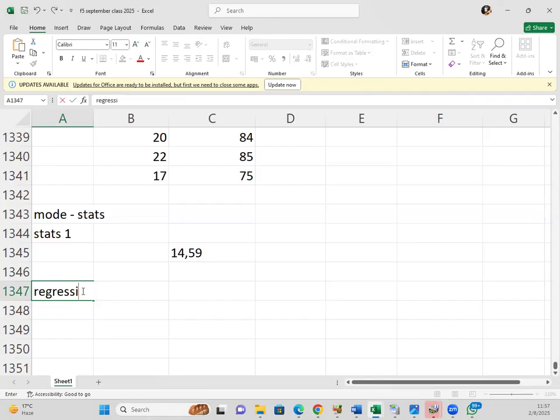So we can say correlation shows the strength of the relationship.